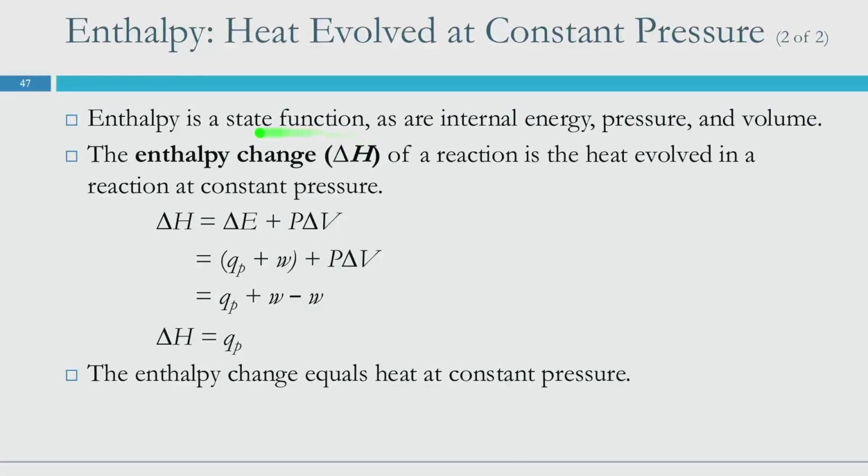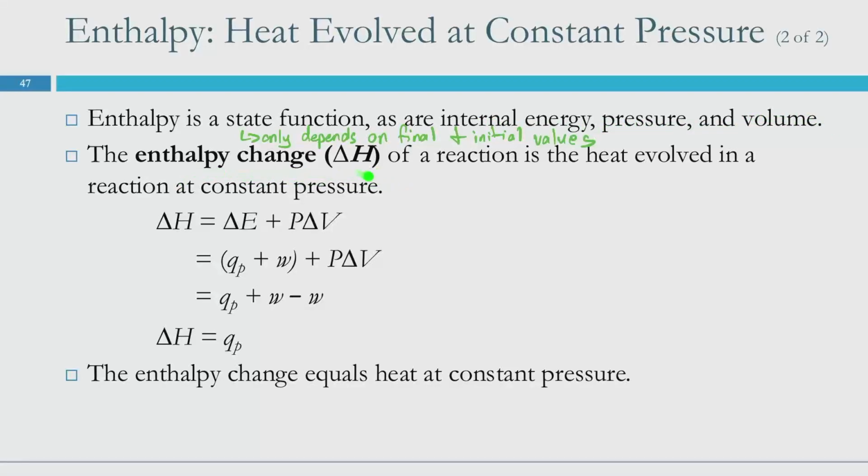Enthalpy is a state function, meaning that it only depends on final and initial values, not how you get there. And other state functions are internal energy E, pressure P, and volume.